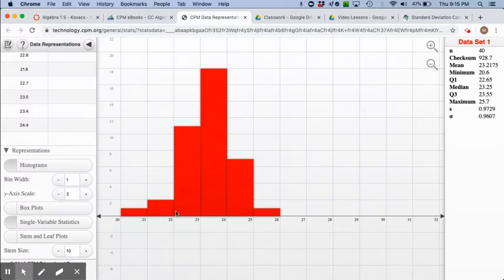So if the area of a bar on your relative frequency histogram is 0.025, like in the case for this 20 to 21 bar, then the percentage would just be 2.5%. So area is the same as the percentage.